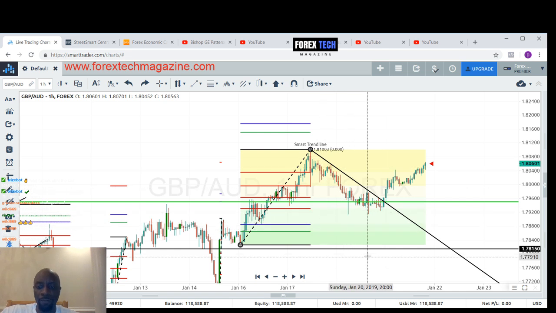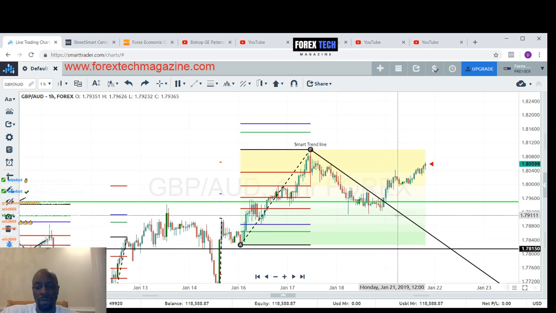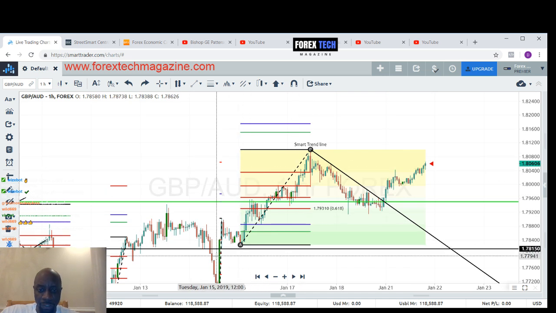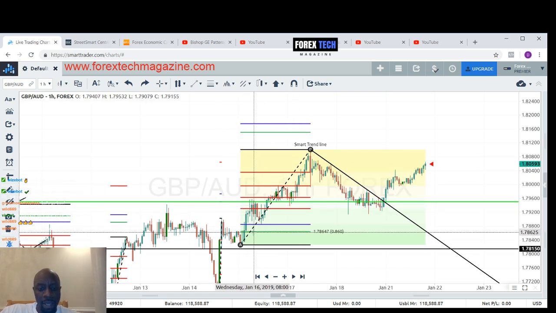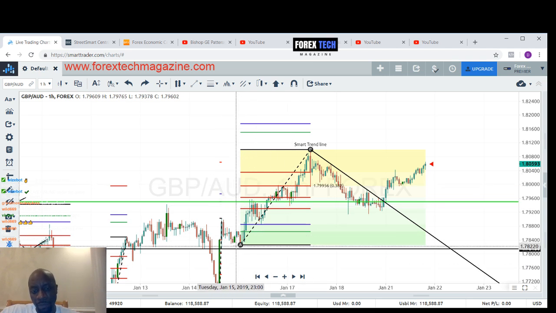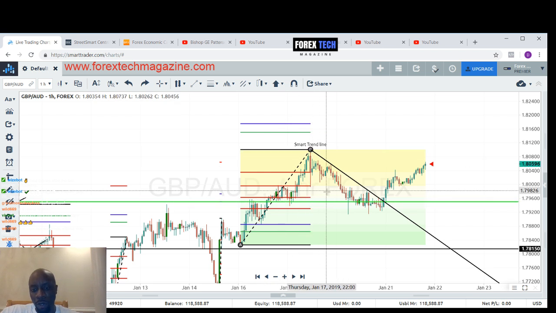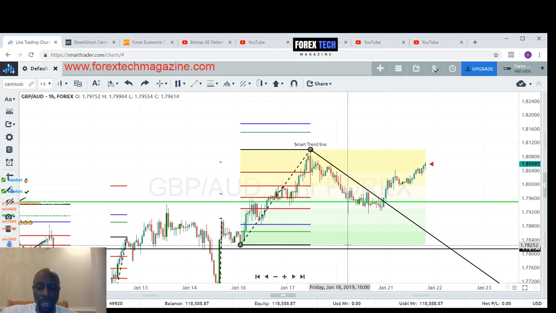Now we should be looking for sell signs in the market. If it goes all the way back below that A, that initial buying impulse wave where everybody comes into the market and pushes in because they think this is a really great pair to trade, that tells me that it's time to get out of this trade, because buyers are no longer believing in this particular trade. So that's why I advocate the stop loss here.